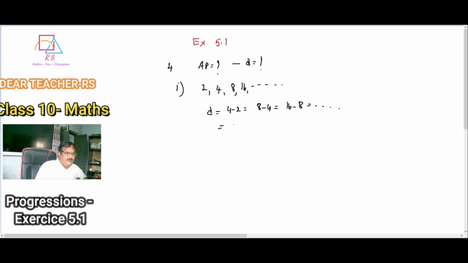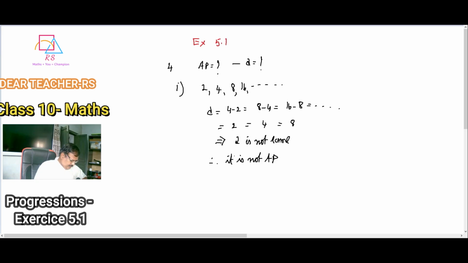So that means 4 minus 2 is 2, this is 4 and this is 8. That means D is not the same. Therefore, it is not AP. This progression is not AP. This is how you have to do it.